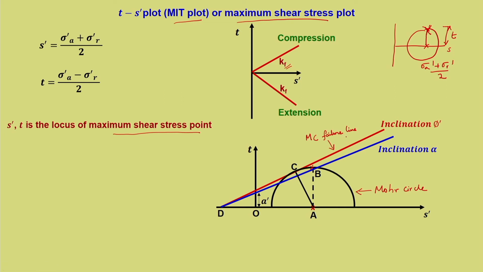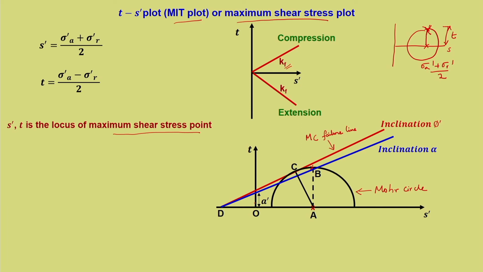So, the inclination of the Mohr-Coulomb failure line is phi dash, and let us say the inclination of the line passing through the maximum shear stress point is alpha. So, this inclination is alpha. What is this point? That represents S dash and T point.